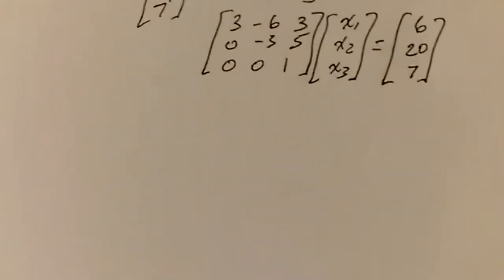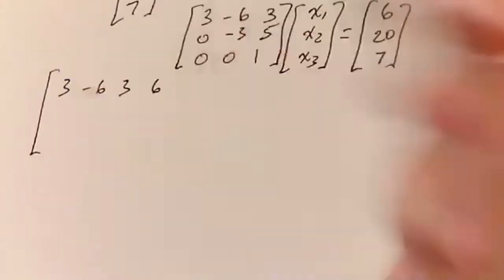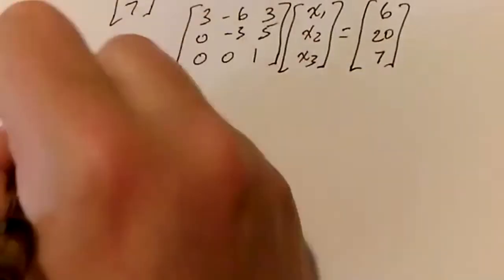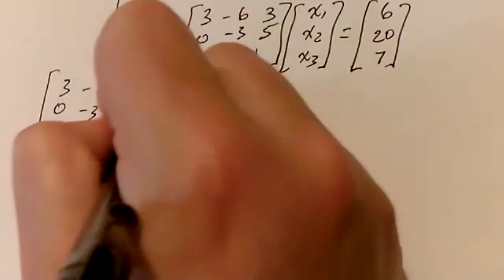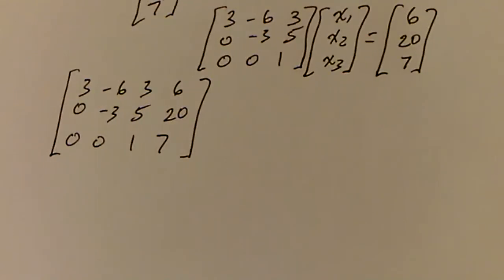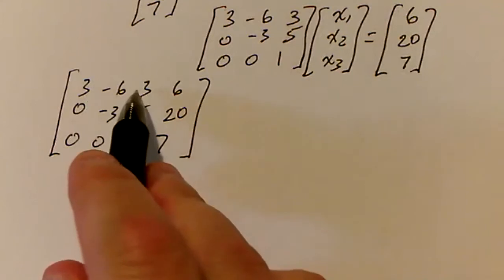Okay, so now I can set up an augmented matrix. 3, negative 6, 3, 6, 0, negative 3, 5, 20, 0, 0, 1, 7. Okay. So I've already got zeros below, so I need to work up.